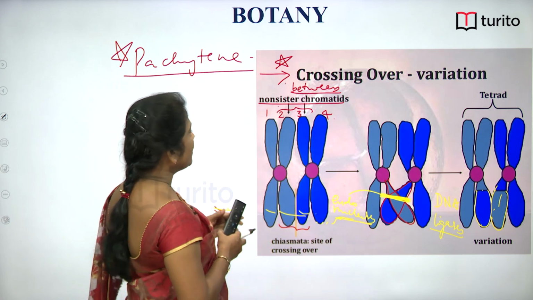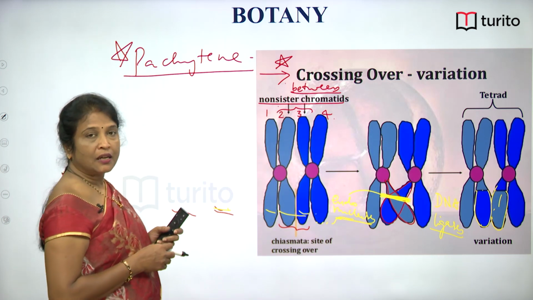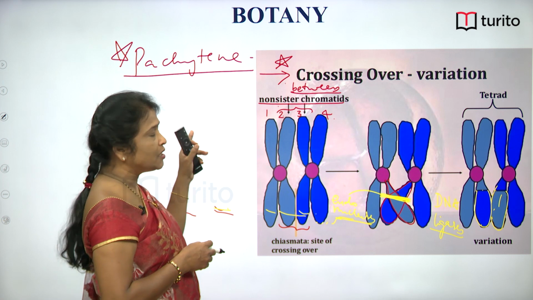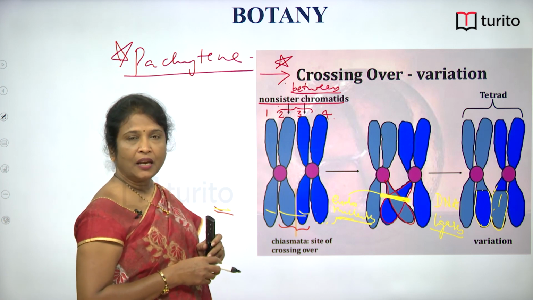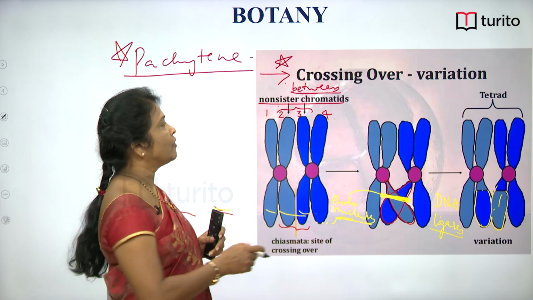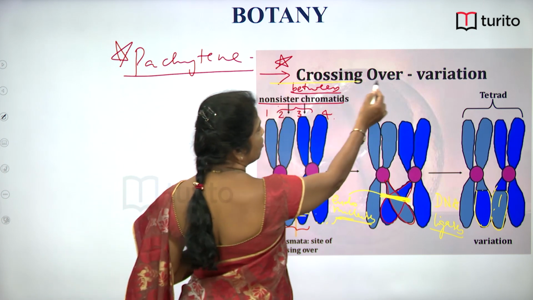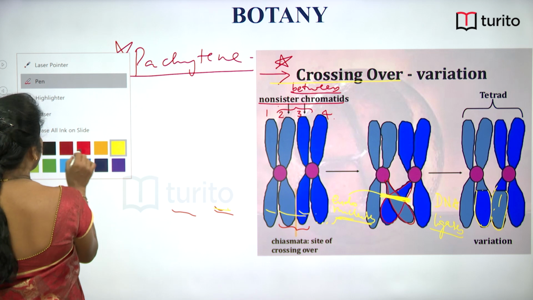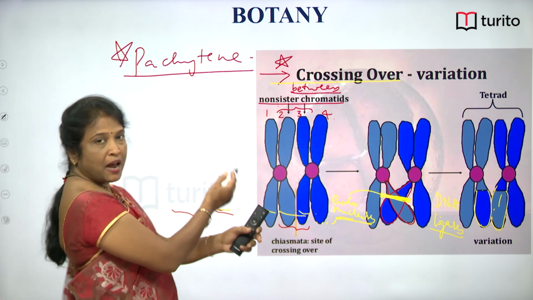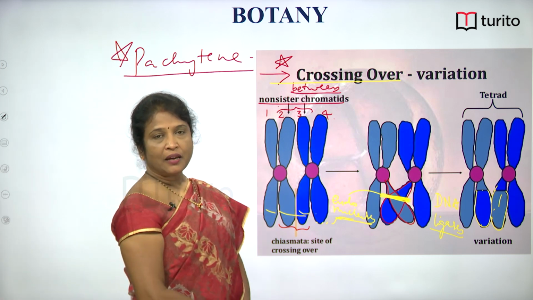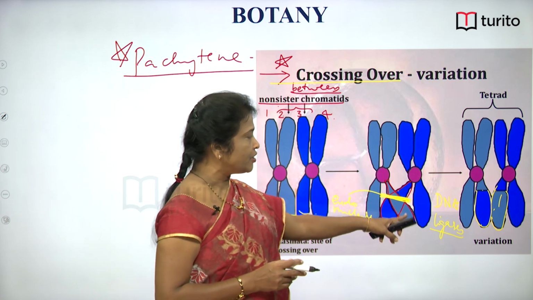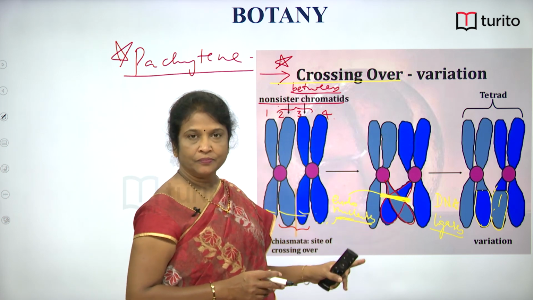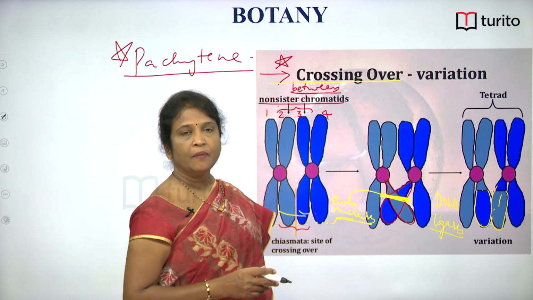So, now let us verify. Packaging is characterized by the very important event with biological significance known as crossing over, and crossing over means crossover of chromatid segments. Which chromatid segments? Non-sister chromatids of homologous chromosomes within the bivalent.